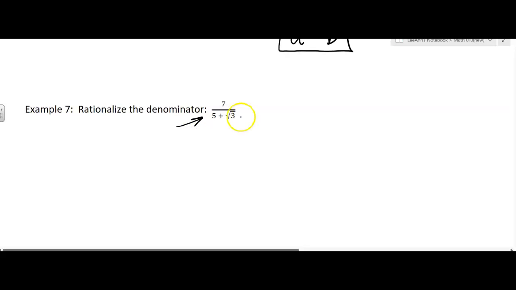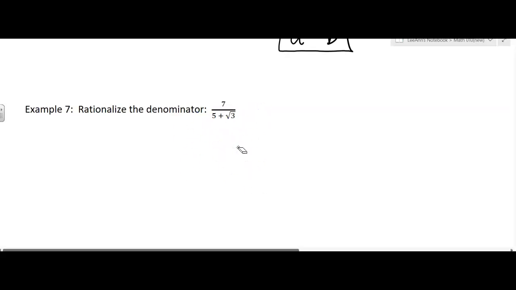Well, you'd run into a problem if you were to multiply that by just the square root of 3. This part would be okay. That'd be the square root of 9, which would be 3. But then the radical would pop up over here. You'd have 5 times the square root of 3 plus the square root of 9. This would be 3, but then I'd still have the radical, so I'd be back to having a problem. So that doesn't help.